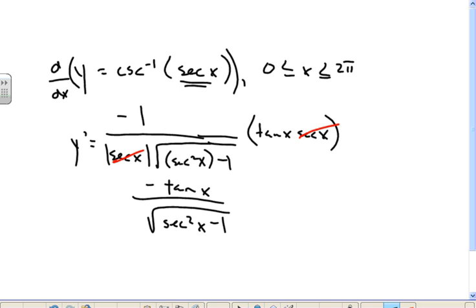We can maybe simplify a little bit farther, but we'll just keep it like so.